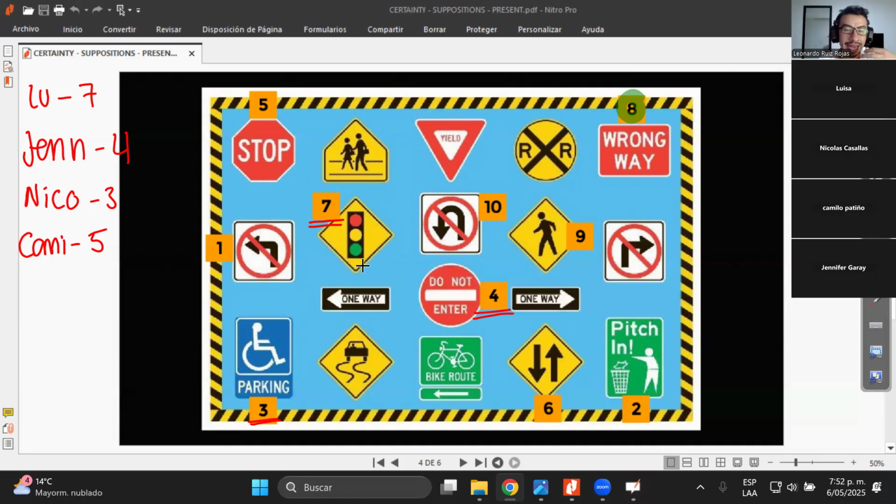Anybody else have any idea or hypothesis about the sign number 7? Teacher. Idea? Yeah. Bueno, it definitely means that you can find a traffic light in the next 100 meters or less, like there is a traffic light near you.